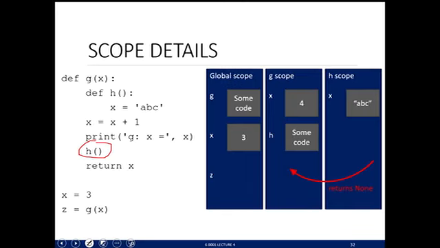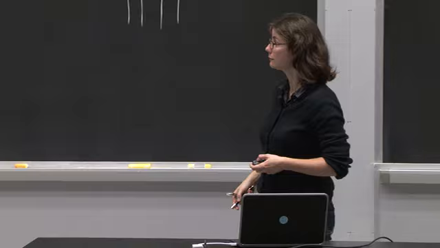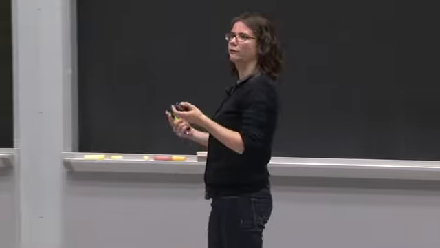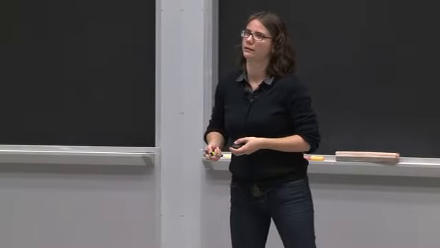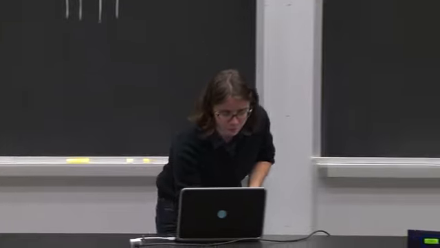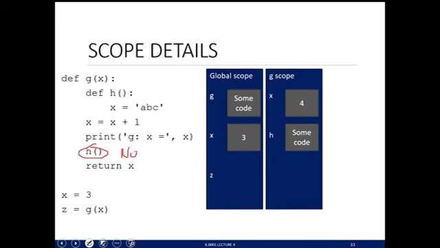So that gets replaced with None, the thing I've circled in red here. As soon as h returns, we get rid of that scope and all the variables created within it, and we're done with h. Now we're back in g. We just finished executing this, and it got replaced with None. We're not printing it out, so it doesn't show up anywhere. It's just there.